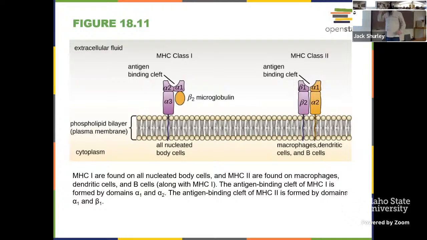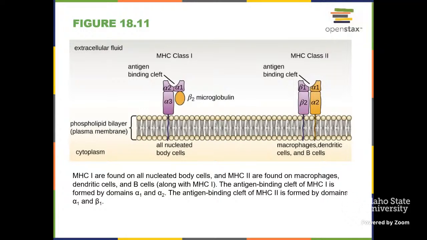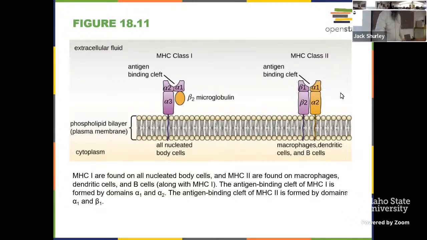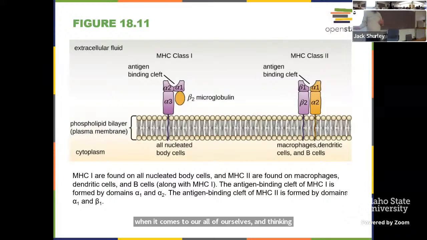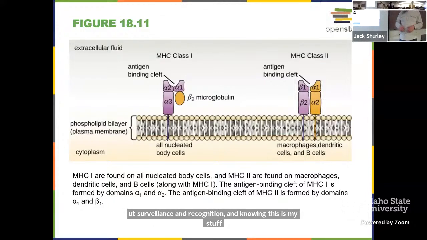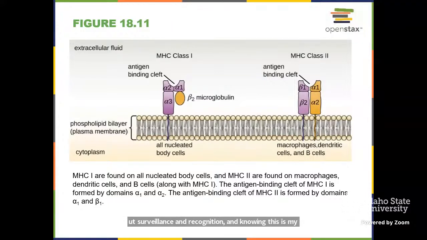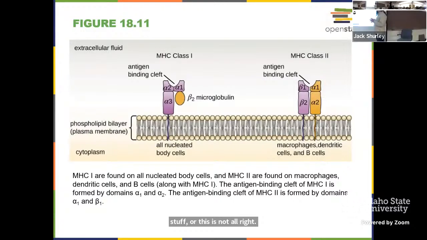So there's a lot of stuff when it comes to all of our cells and thinking about surveillance and recognition and knowing this is my stuff or this is not. And this mechanism that we're seeing is part of it, on the surface of our cells that we're looking at right here.